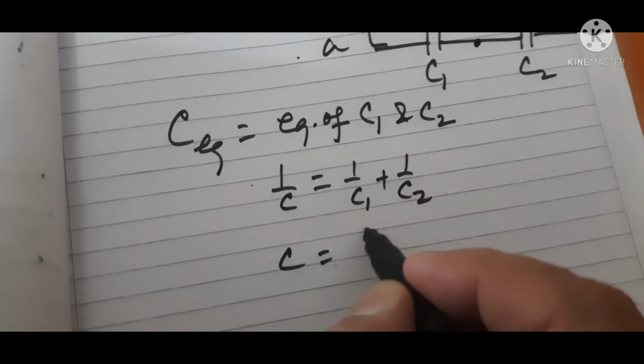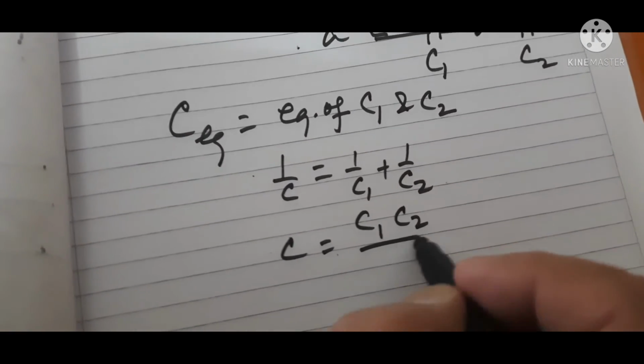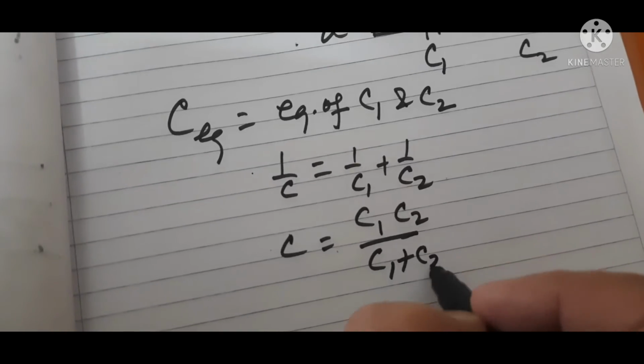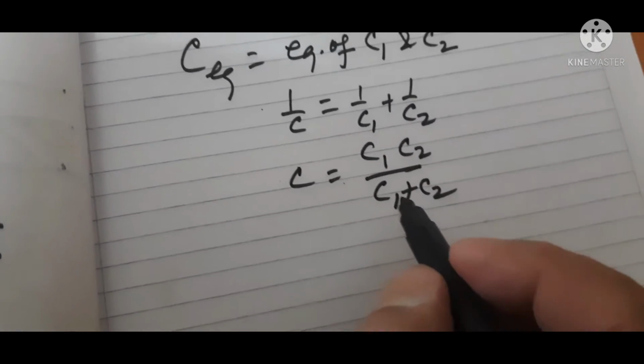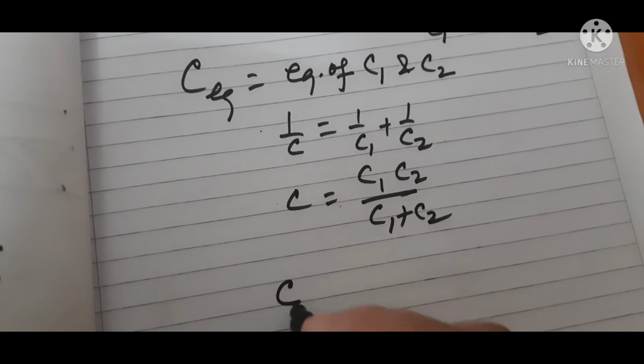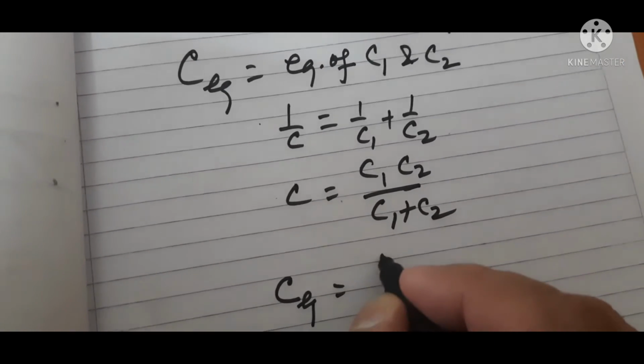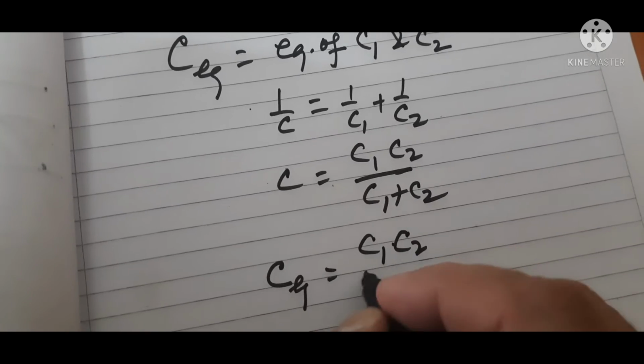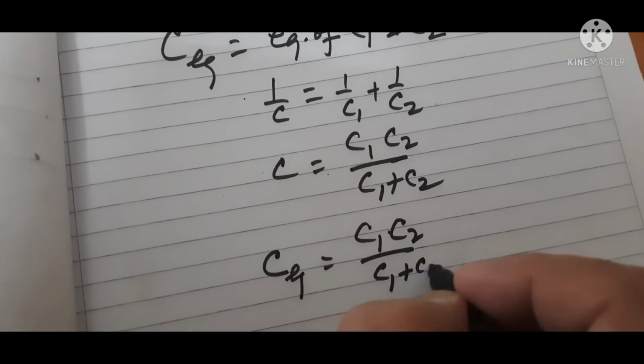So C is equal to C1 C2 by C1 plus C2. Similarly, the lower part also has equivalent C1 C2 by C1 plus C2.